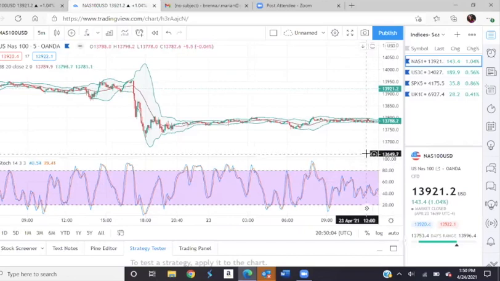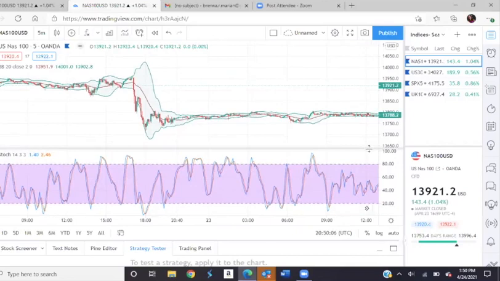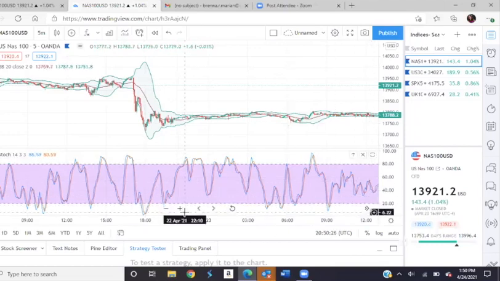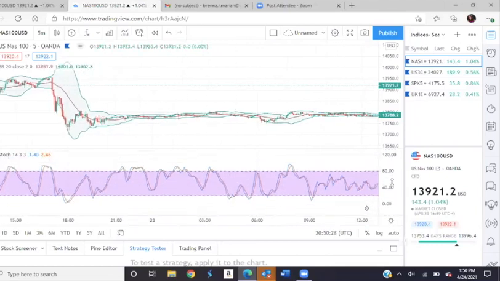The reason is that I want to see when price is clearly overbought, which means price is over this 80 line. When price is below this 20 line, that means we are in oversold conditions.